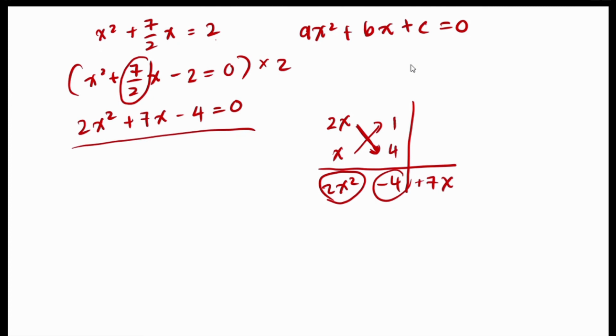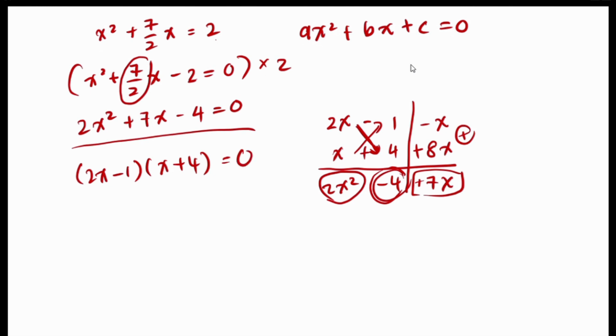Okay, so that we get 8x and x. So since it is negative, one is positive and one is negative. So if we add to get this positive 7x, we need positive 8x and negative x. So here is negative and positive, which means after factorization we get 2x minus 1, x plus 4 equal to 0.